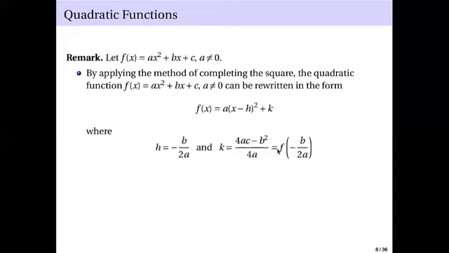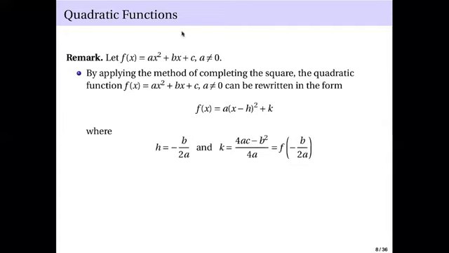Or simply, it's just the evaluation of your function f at h, where h is negative b over 2a. So take note, if you take x equals h, then x minus h becomes 0. So you will just have f of h equals k. So k is just the evaluation of the function f at that value h, which is negative b over 2a.